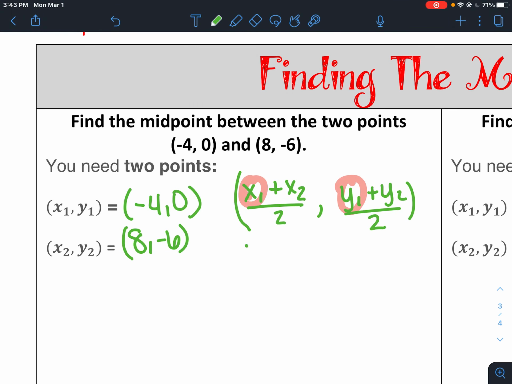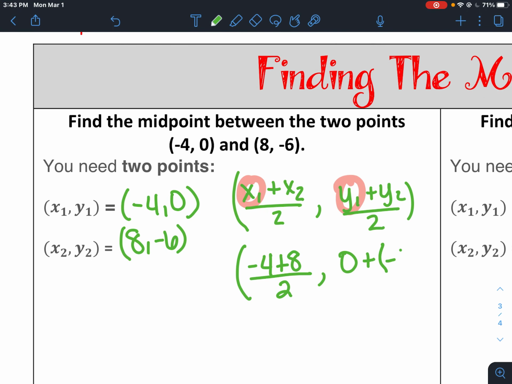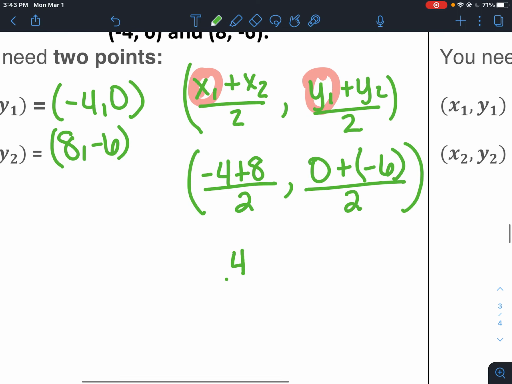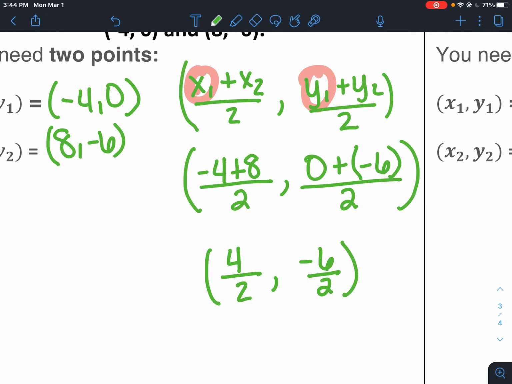Anyway, okay, let's plug in our values. So x1 is -4 plus x2 is 8 divided by 2, and y1 is 0 plus y2 is -6 divided by 2. Now we can do the math. We're going to add the top, so -4 plus 8 is 4 divided by 2. 0 plus -6 is -6 divided by 2.